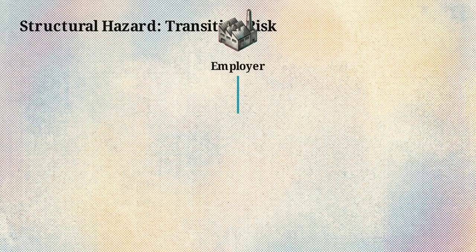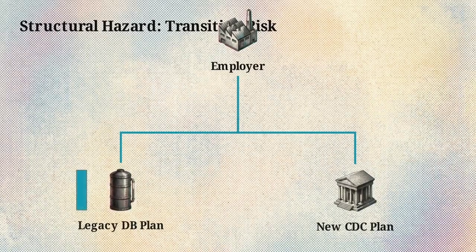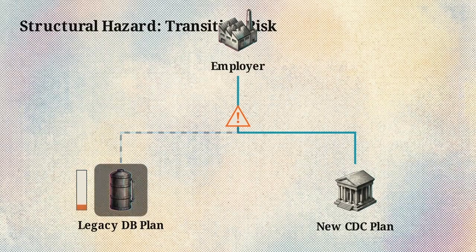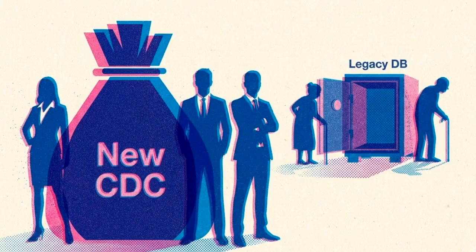The secondary hazard is structural. Attempting to convert an existing legacy DB plan into a new CDC or composite plan introduces immediate friction. A new CDC risks absorbing fresh employer contributions, starving the old legacy DB plan of necessary capital. This creates a dangerous scenario where younger workers are essentially abandoning the underfunded liabilities of the older cohort.